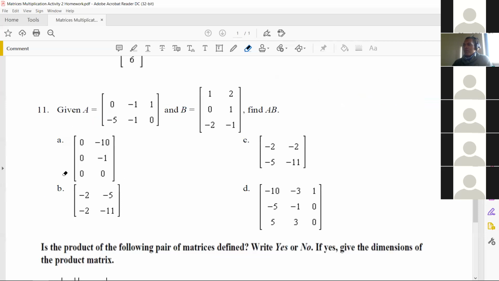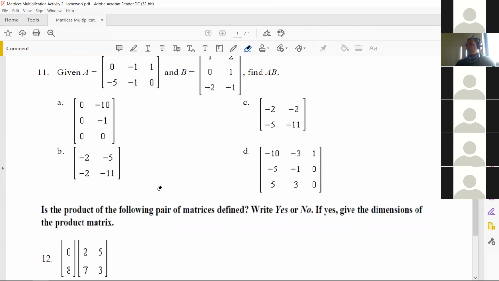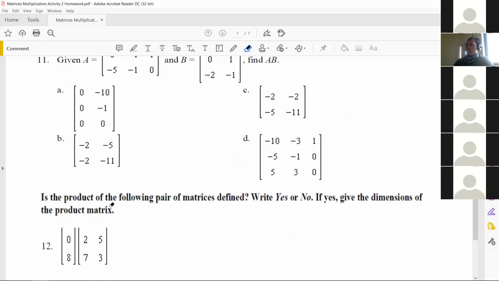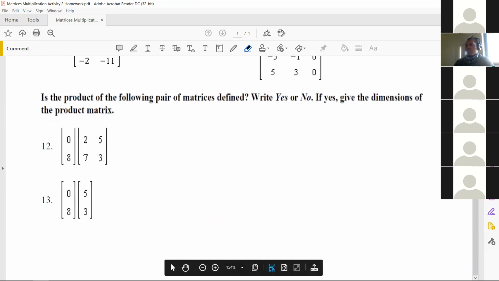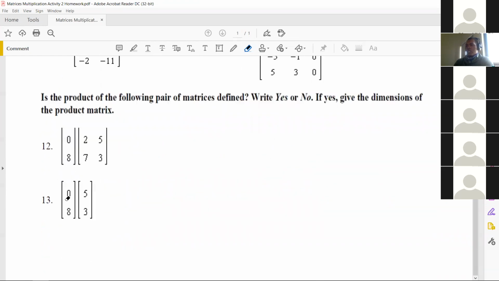So please also, for those who attempted, you can share your answers or compare your answers with fellow classmates or friends. The other questions were fairly easy. It's just the last one that is to check if we can multiply. If yes, we multiply out and find the product. If no, then we cannot multiply it out. Some of these are easy to note because we already told you some of the answers.